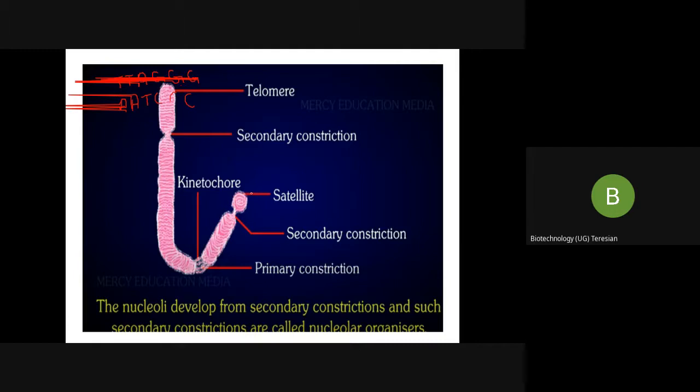So this satellite DNA consists of short sequences of 5 to 100 base pairs that are repeated a large number of times. This is particularly in the eukaryotes and not in the prokaryotes. So the base composition of the satellite DNA is sufficiently different from that of the bulk DNA. When you consider the bulk DNA base pairs and that of the satellite, it is different.